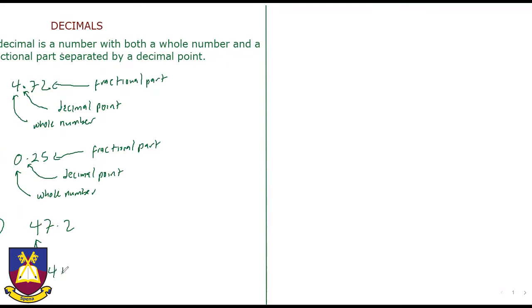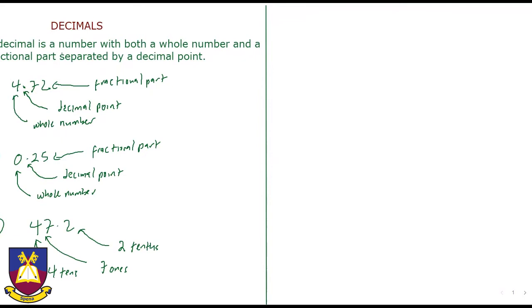So we have 4 tens, we have 7 ones, and after the decimal point we have 2 tenths. We could have hundredths, we could have thousandths, and so on. After the decimal point, we name them in this format. So basically, that's what we mean by a decimal in mathematics.